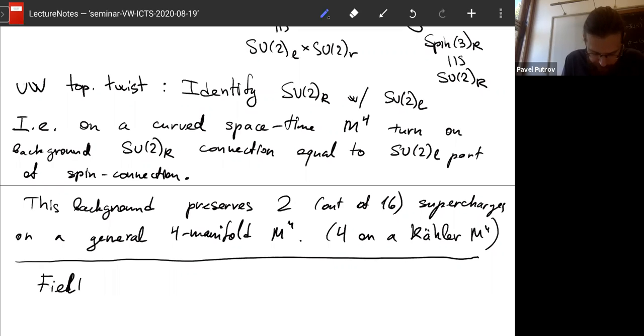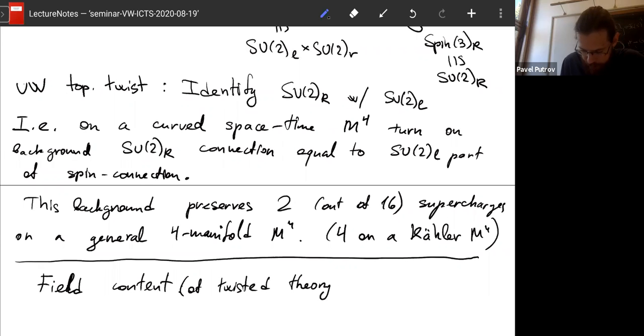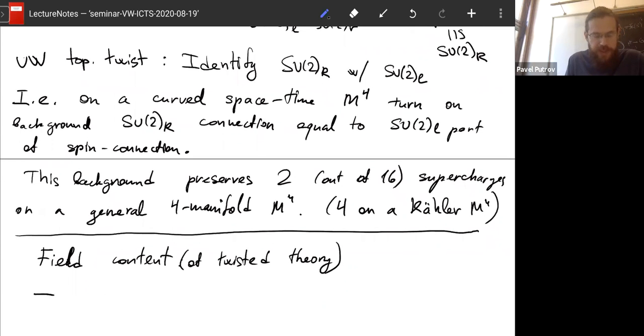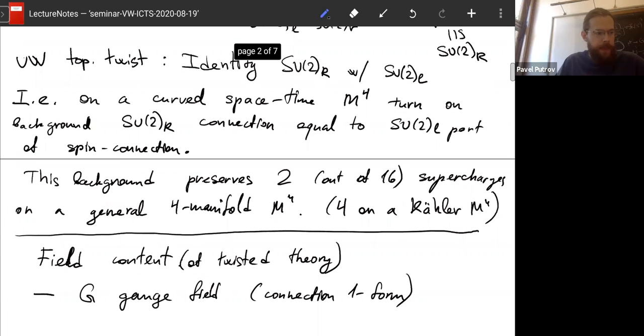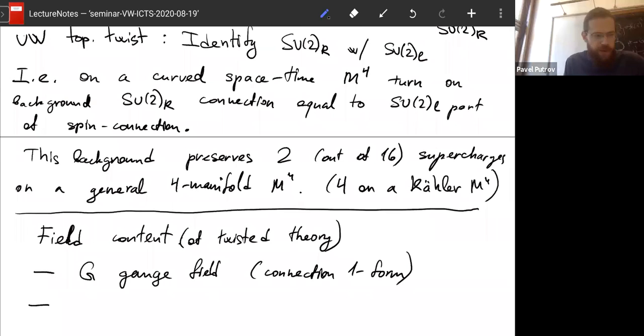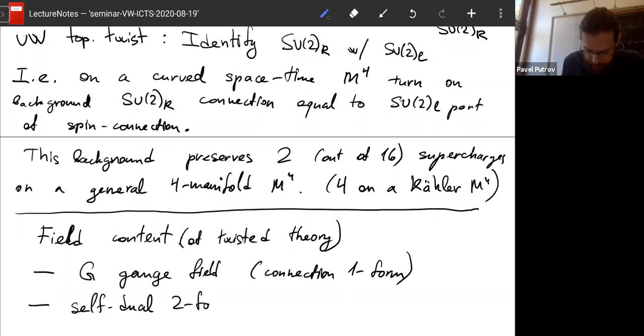So this twisted theory has the following field content. Of course, first, as in any twisted theory, it still has a G gauge field, which is a connection one-form valued in the Lie algebra of G. And then there will be the following bosonic fields: a self-dual two-form field and 3 scalars.